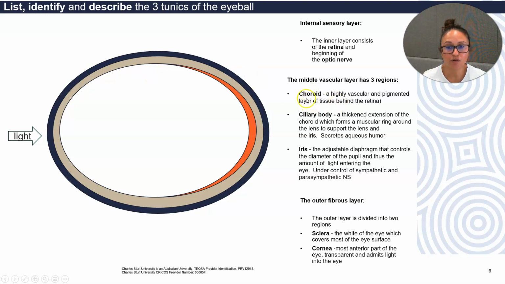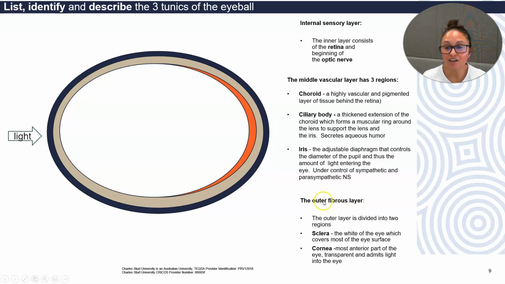For example, the choroid starts from here and then goes all the way around to there. But then the choroid, or the middle vascular layer, turns into the ciliary body and the iris. So they turn into things around here. So you have one layer essentially creating three different parts of the eye.